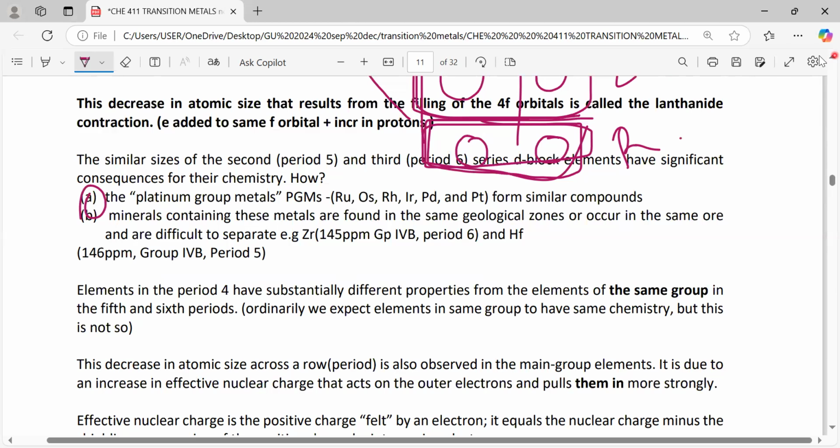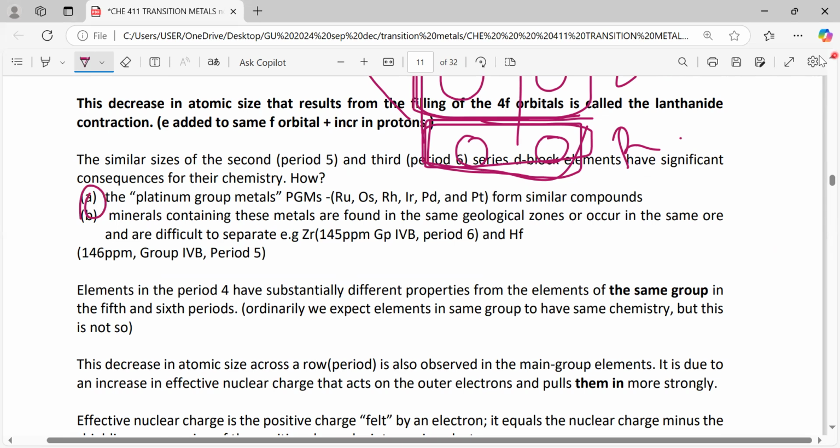For example, zirconium and hafnium have the same radius but are in different periods, and they are found in the same geological region and the same ore. And that makes it difficult to separate them during the mining process.